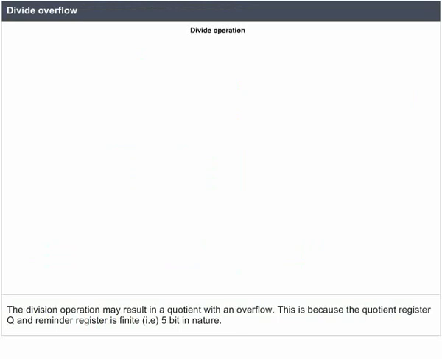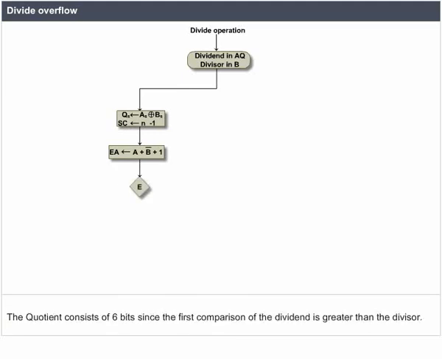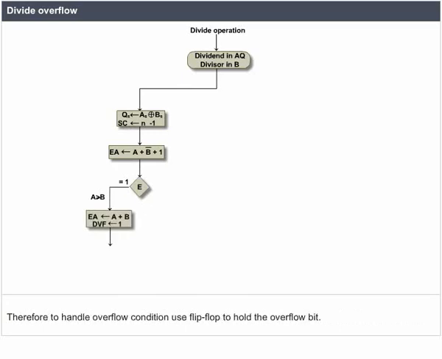Divide overflow. The division operation may result in a quotient with an overflow. This is because the quotient register Q and remainder register are finite, that is 5-bit in nature. The quotient consists of 6 bits since the first comparison of the dividend is greater than the divisor. Therefore, to handle overflow condition, use a flip-flop to hold the overflow bit.